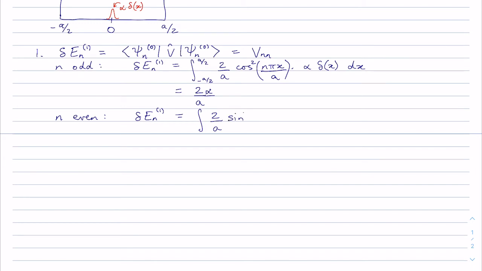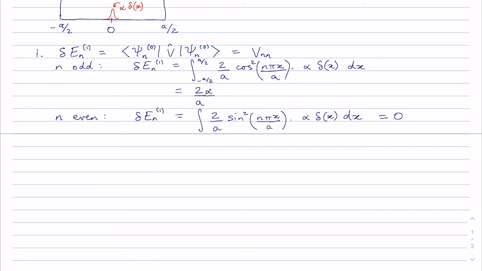So you get sine squared nπx over a times alpha delta x dx, and this time sine of 0 equals 0, so this is nothing but equal to 0. Okay, so we've done the first part, which was find ΔE_n for all levels. We know exactly what they are. All the odd levels shift up a little bit, and even levels do nothing at all.